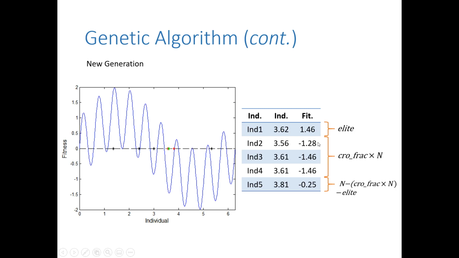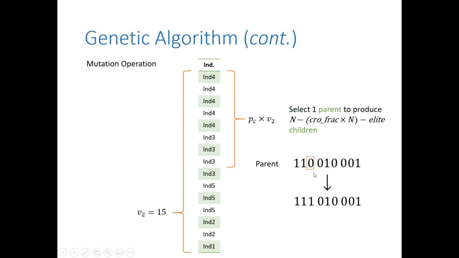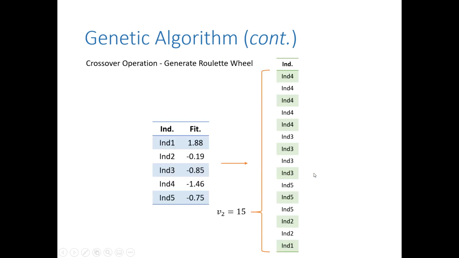So in this example, 3 individuals have to be produced by the crossover operation, and the remaining individuals have to be produced by the mutation operation. So you know what elite is. Let's see what crossover is. I'm going back. So in the crossover operation, first we have to generate the roulette wheel list.